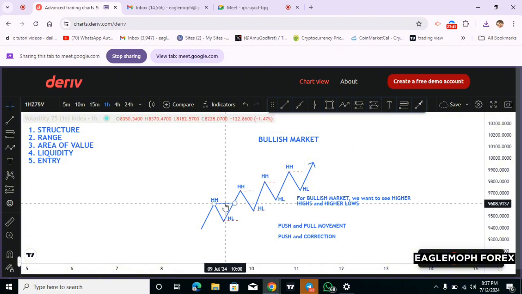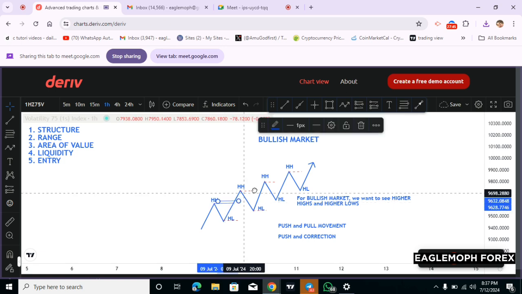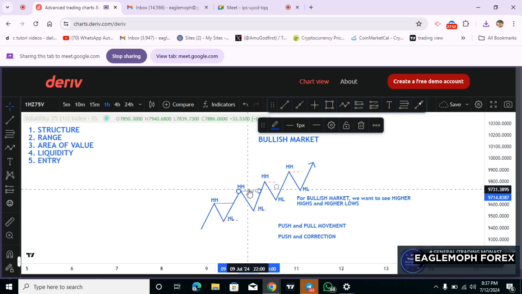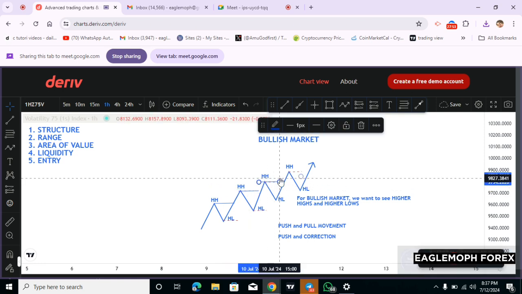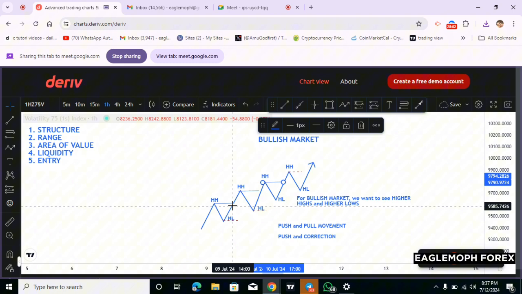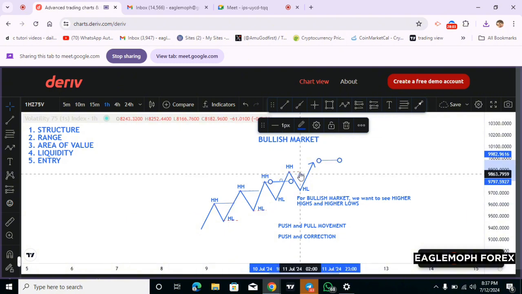So for a bullish market, we want to see these higher highs. Then we have another high being broken. So for a bullish scenario, what do you want to see? We want to see these highs being broken.